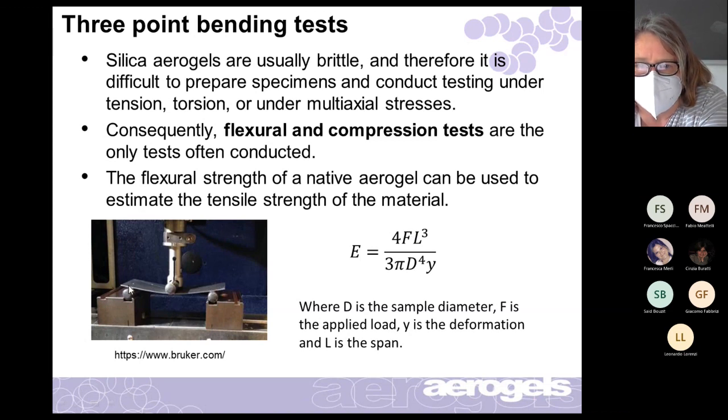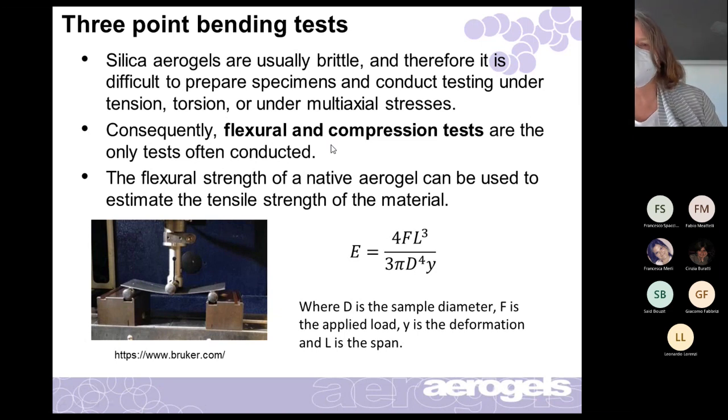Y is the deformation, how much it is pushed down. And you can relate that to the modulus. You'll see quite a lot of papers in the literature of people doing this sort of testing on silica aerogels and other types of aerogels. Now, we don't use it, but it is a fairly simple test to do.